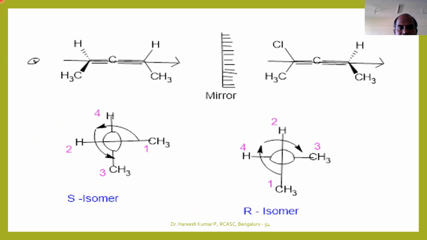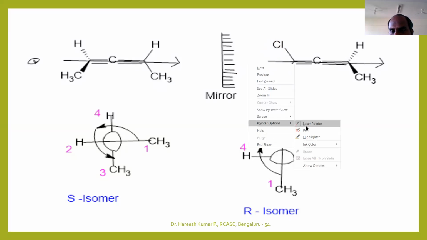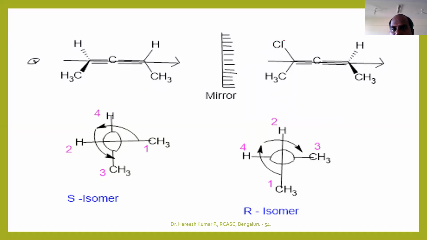So this is the one, and here I am taking mirror images. So this is one allene, and the allene mirror image is this. So how can you write? You know that H, CH3. Okay, so what you need to remember, I will take a pencil. So this is the one, and this should be hydrogen. Okay, so just remember that this is hydrogen.